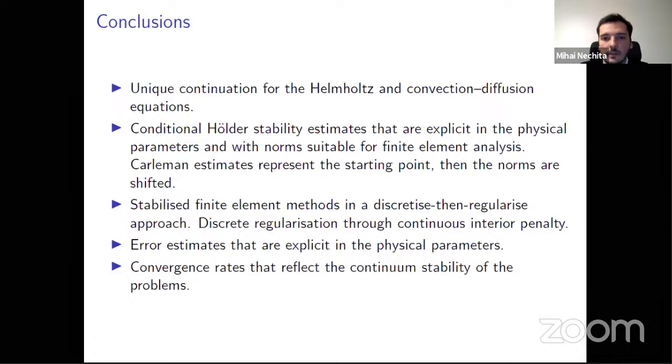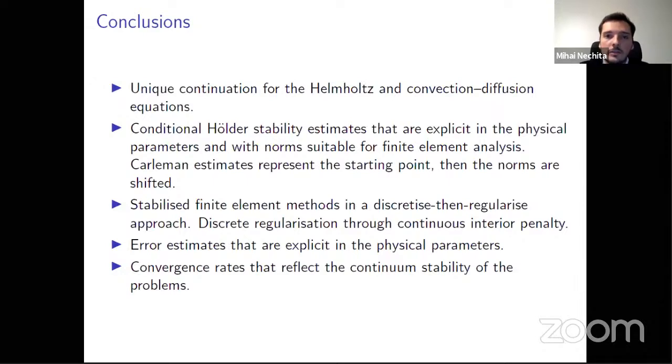And I've just shown one possible option for the discrete stabilizers based on interior penalty, so penalizing the jumps of the gradient across the interior faces. The error estimates that we obtained are explicit in the physical parameters, and the convergence rates reflect the continuum stability of the problem.